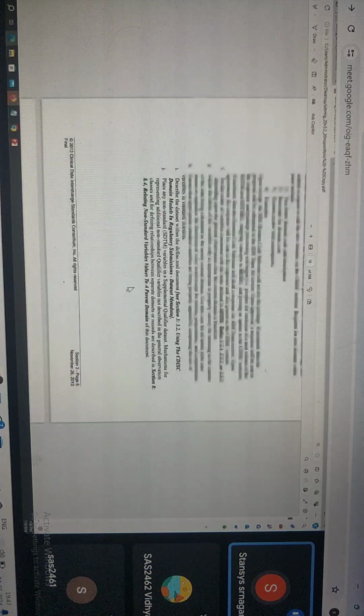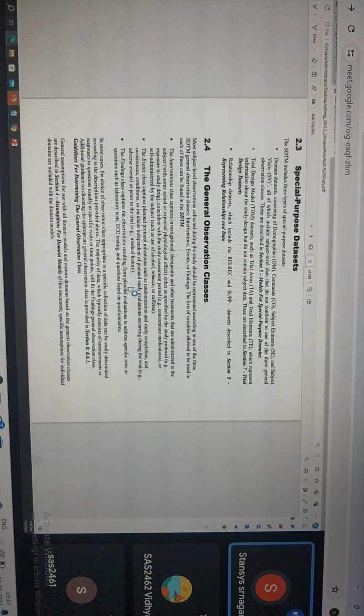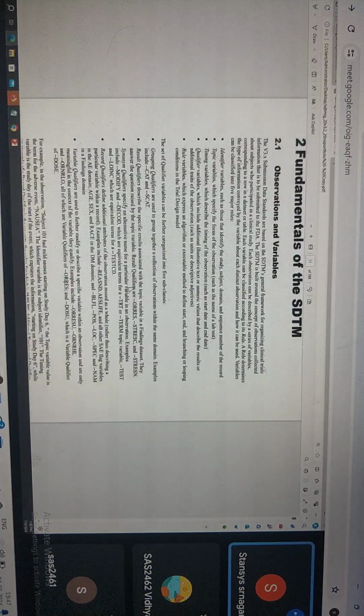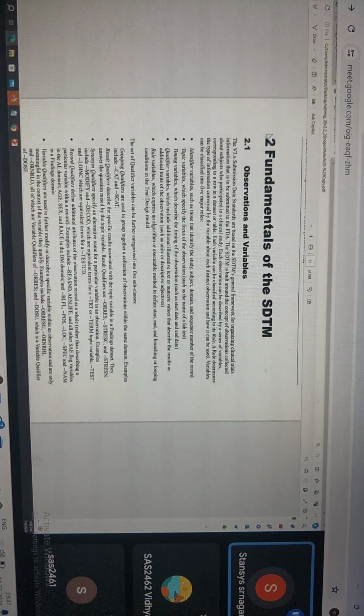Before the domain classification, we'll have variable classification, I guess. So the second chapter, fundamentals of SDTM, you go and read it.